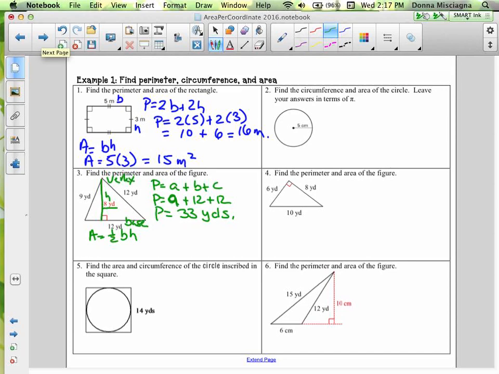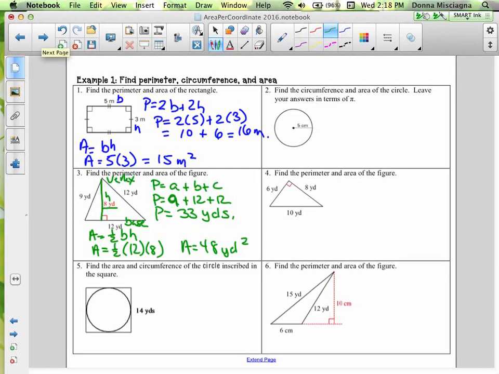That perpendicular measurement from the base to that opposite vertex, that's the height of this triangle. So the area is 1/2 12 times 8. Right? So 12 times 8 is going to give us 96. Half of 96 is 48. So this would be 48 yards squared.